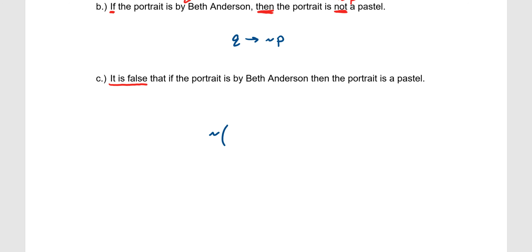So the compound statement inside here, we have if statement Q, then statement P. So there's no negations, it's just if Q, then P. So we're going to write that as Q with the conditional P. So we have the negation of the conditional Q to P.